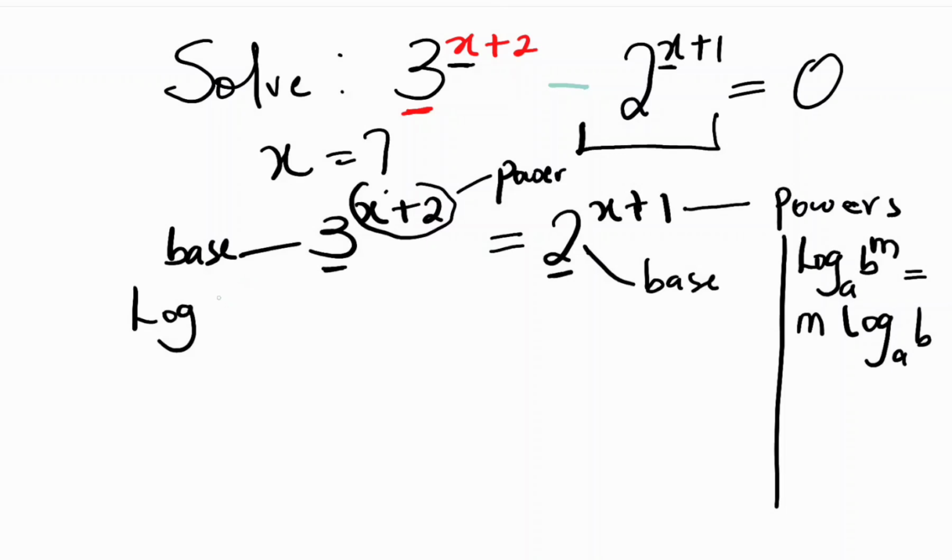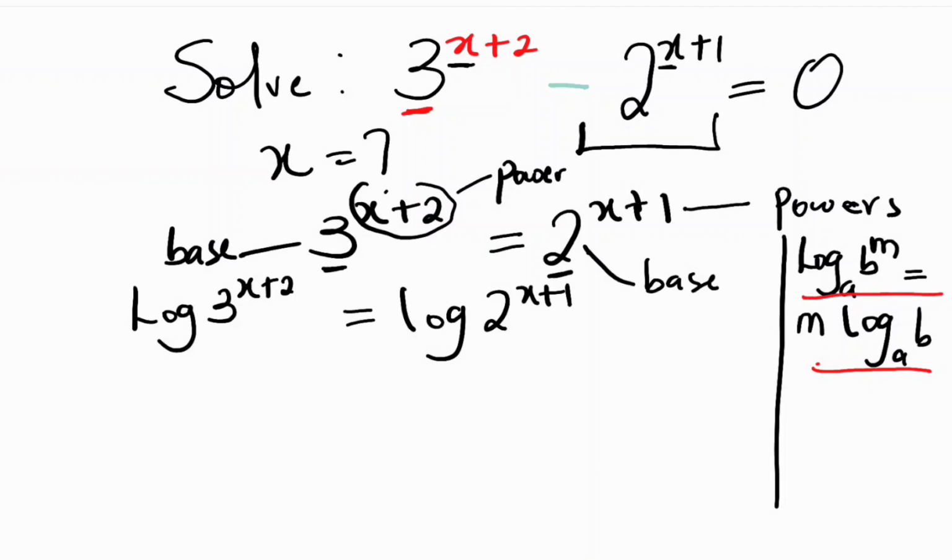So if we take log of 3 to the power of x plus 2, it is now equal to log of 2 to the power of x plus 1. Now we have to apply this particular law.